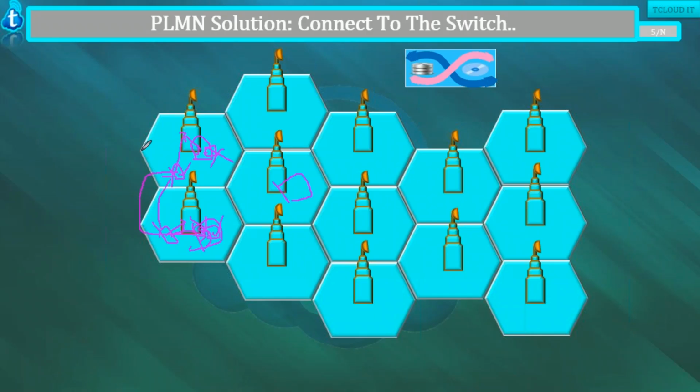But here the scenario is, because we have let the user move, he will move from one location to another. So if you keep one exchange with one tower, as long as you are under the tower area, the tower will be able to determine whether your services should be accepted or rejected.